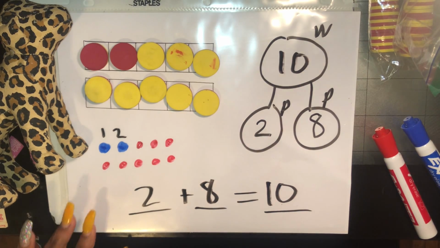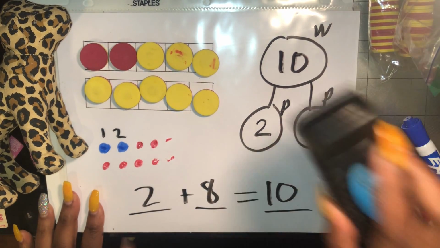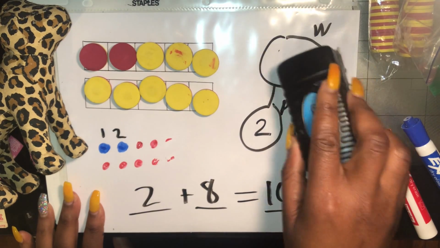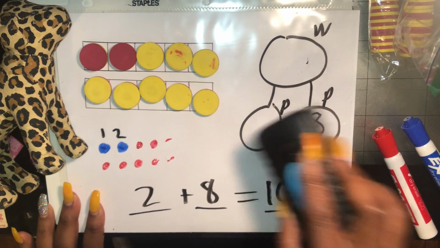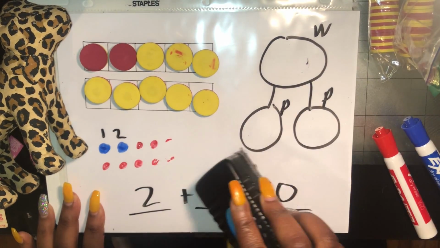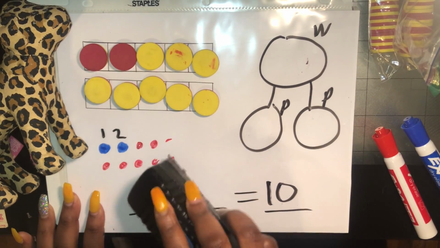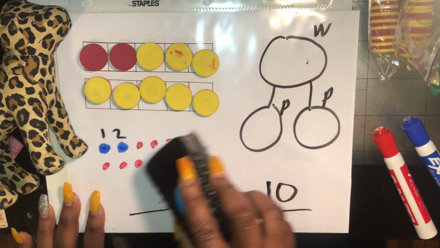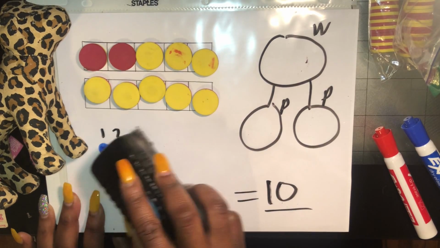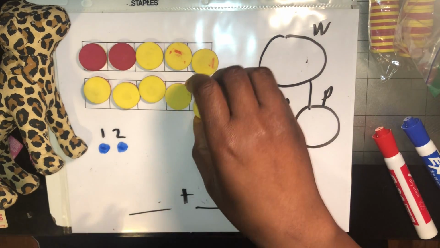All right? So now let's try one together. Make sure you have your cubes or whatever you're using at home, or your markers, to help you, so we can do this one together.